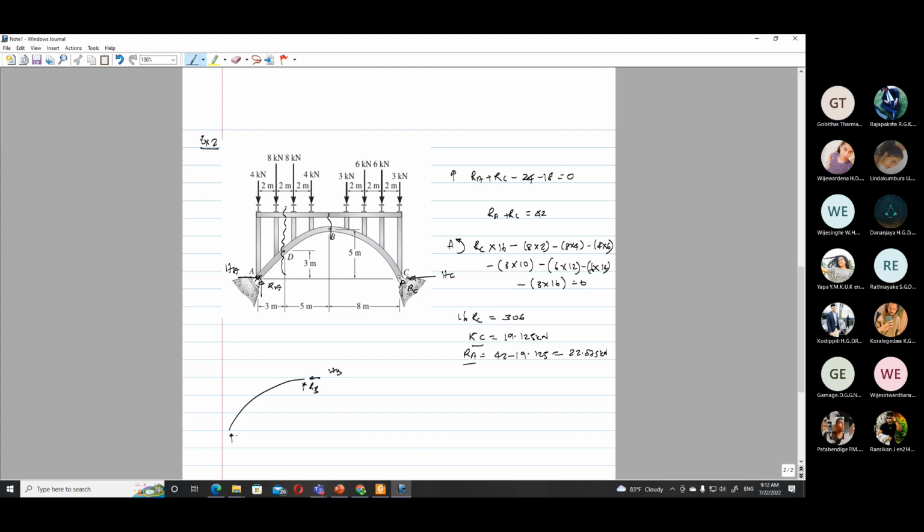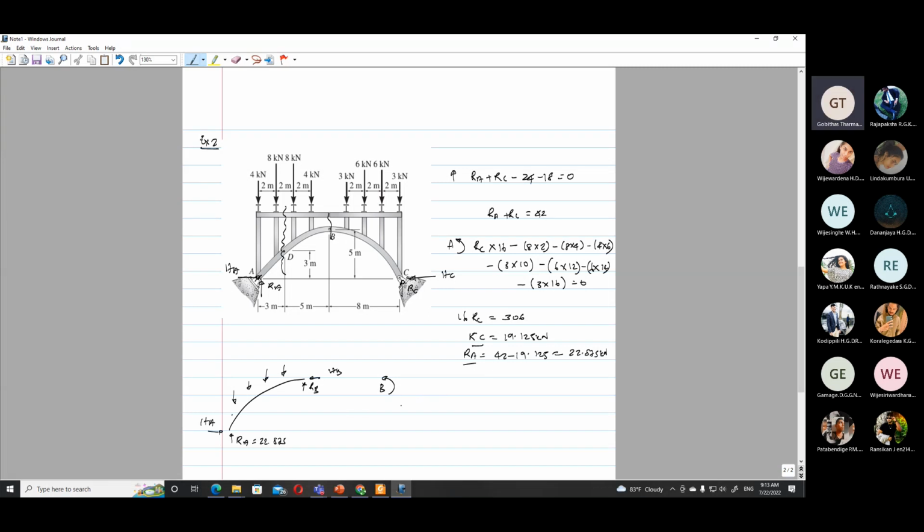Here RA is known, that is 22.875, and HA is unknown, and there are these forces. The forces are acting through these lines. Now, if I take moment about B, I can cancel off HB and RB, which are not necessary for me at the moment.